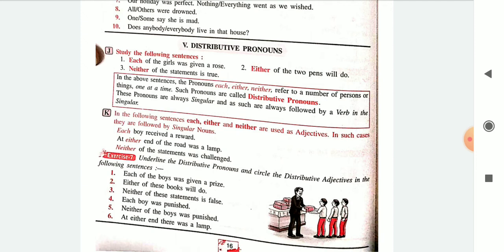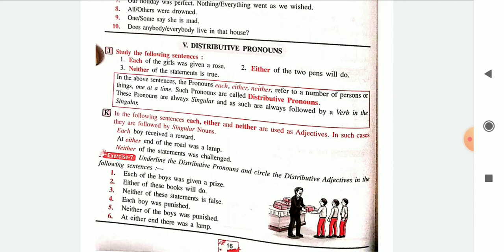You can find them in exercise 7. Very simple. I'm sure you can do it in 1 minute itself. You can find the words which show you distributive pronouns. But they have asked you to find the difference between distributive pronouns and distributive adjectives. If you take the fourth one, each boy, it is a distributive adjective. Why? Because after each you have a noun.